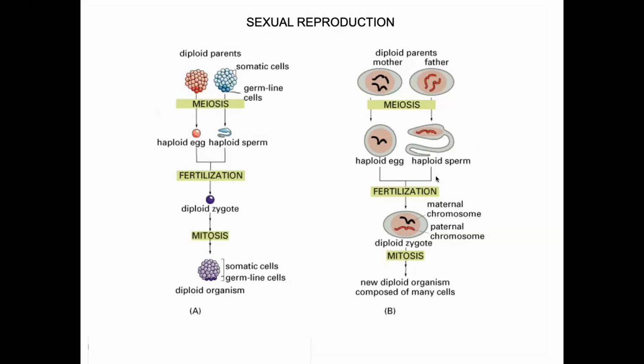And once that zygote is produced, again, that cell can undergo many rounds of mitotic cell division that maintains that diploid condition. So when you reconstruct the body of the offspring, all of the cells that are produced through mitosis reiterate that diploid state.